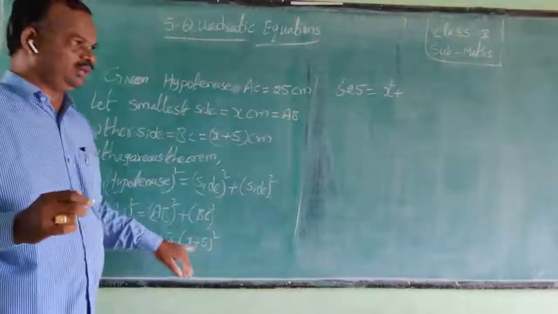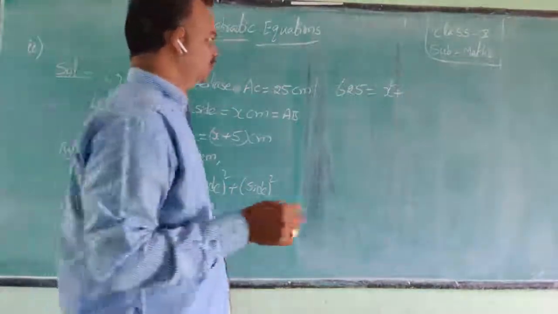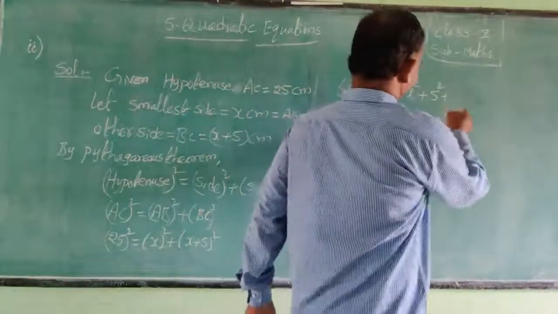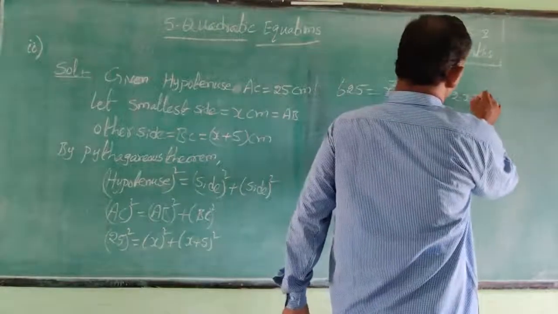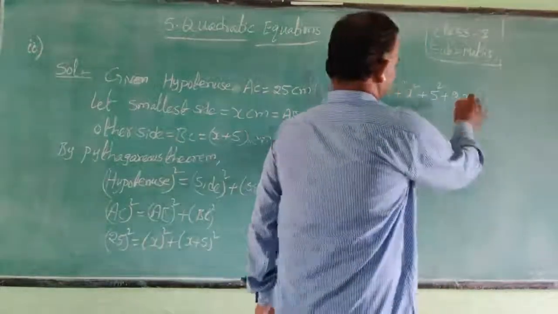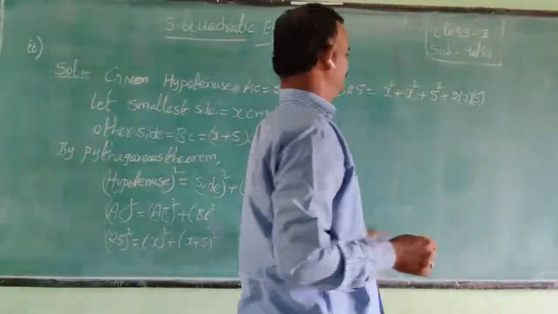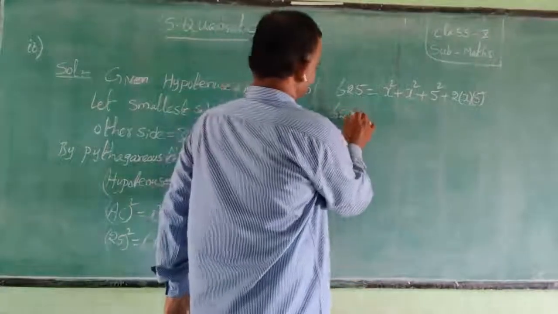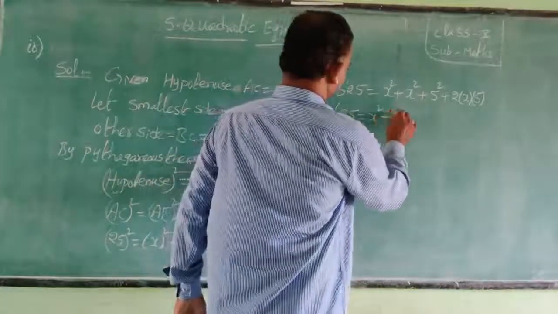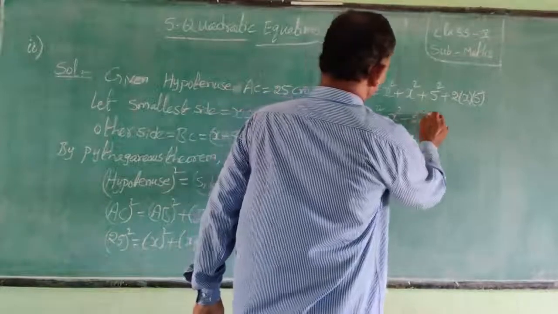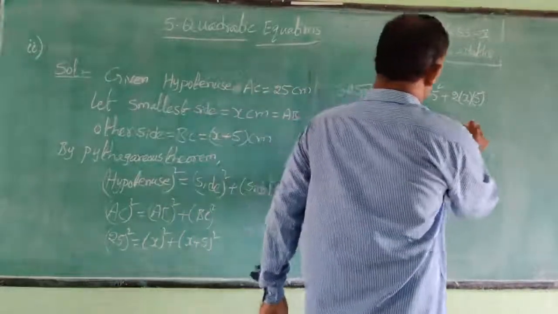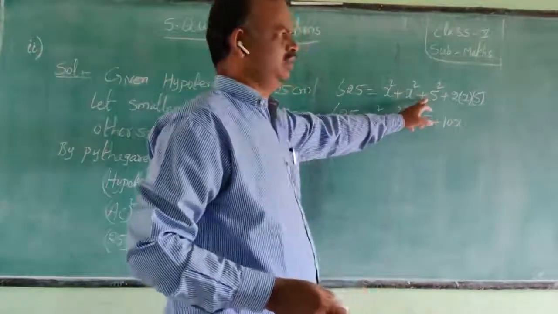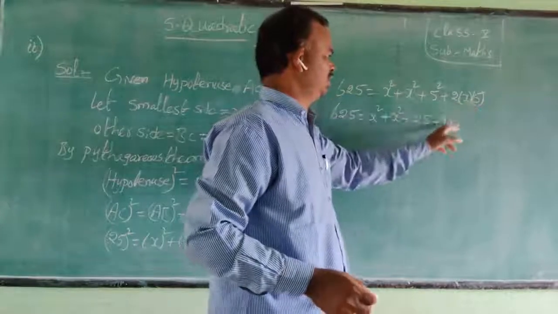This is in the form of a plus b whole square, that means a square plus b square plus 2ab. So the value is x square plus 5 square, 5 5s are 25, plus 2 5s are 10x.